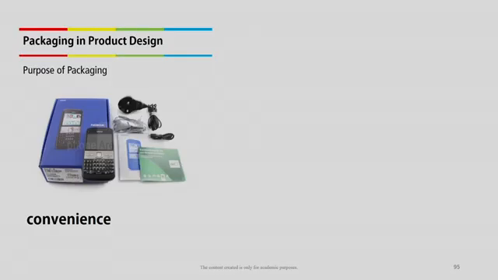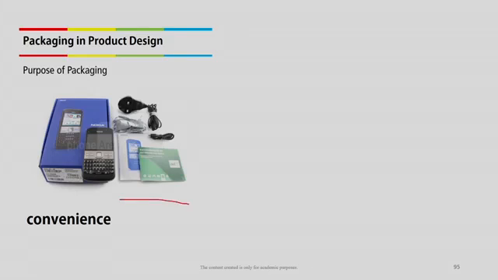Packages can have features that add convenience in distribution, handling, stacking, display, sale, opening, reclosing, use, dispensing, reuse, recycling and ease of disposal. In this particular case, there are many items.